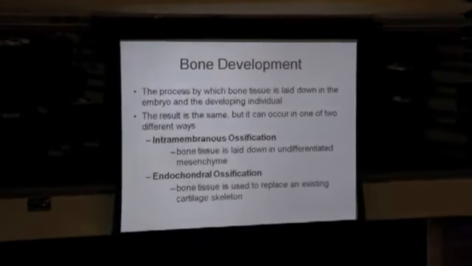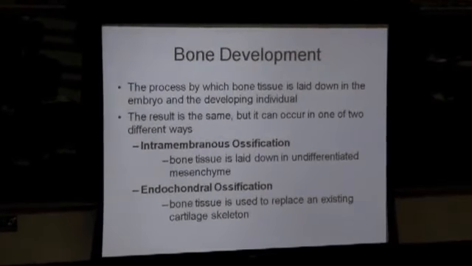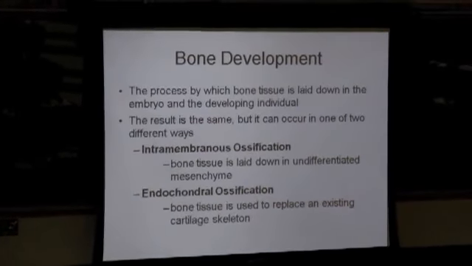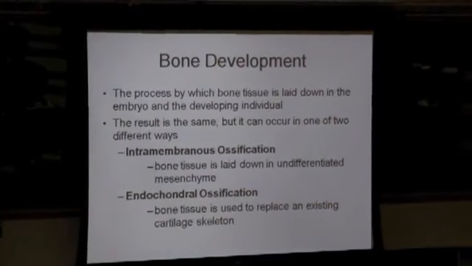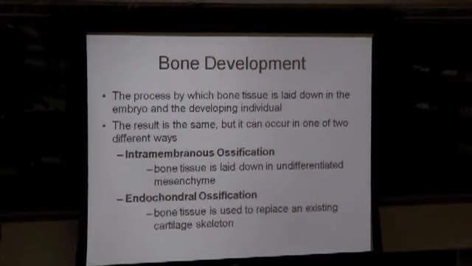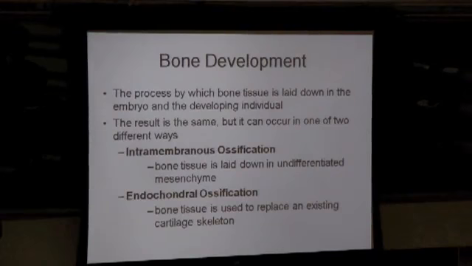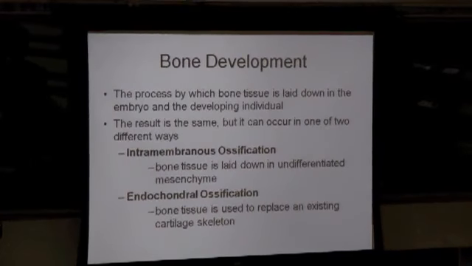Now, basically this is a process which starts at different times in the embryo, depending on what kind of bone you're dealing with. And there are two types of bone development that we will be talking about. Now, don't confuse bone development with bone growth. I'm talking about growth. I'm talking about the tissue itself growing, which means we're talking about apositional versus interstitial.